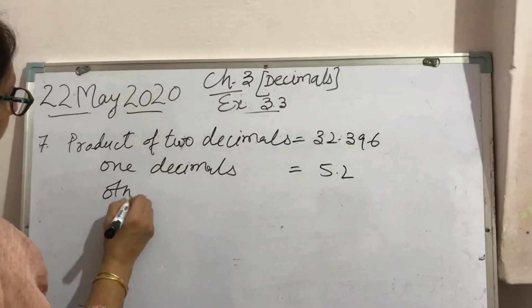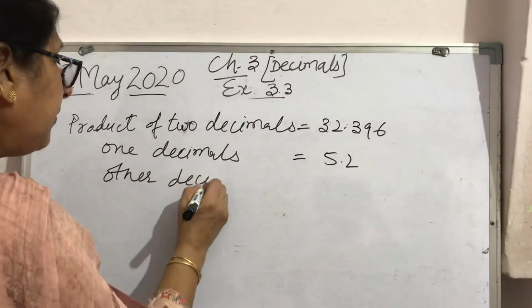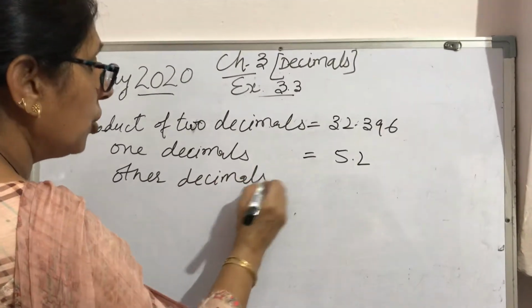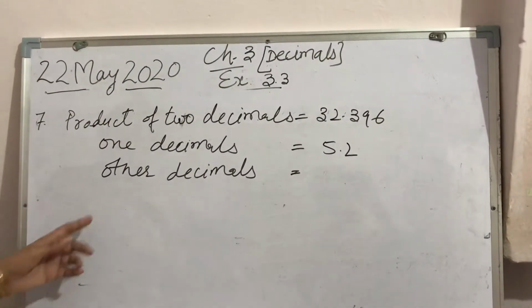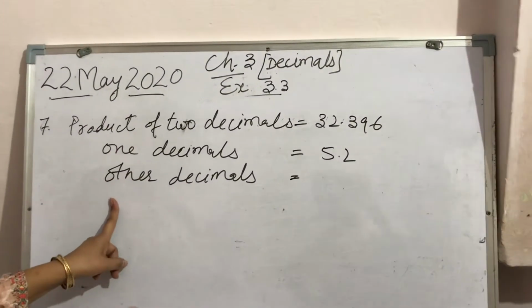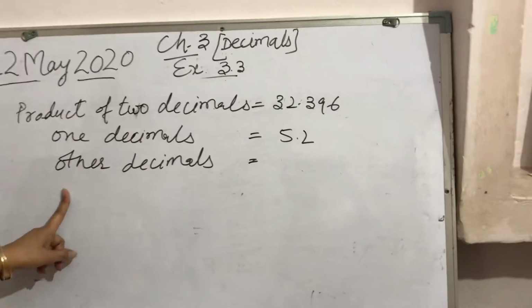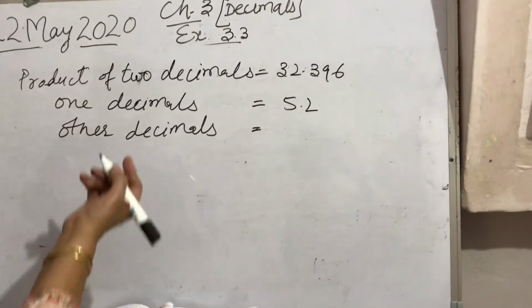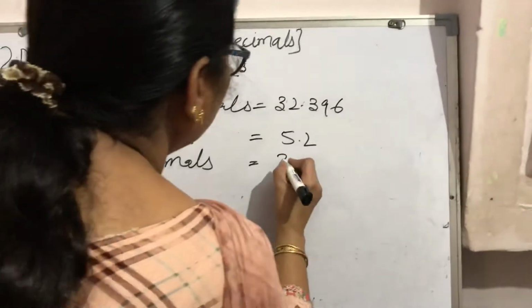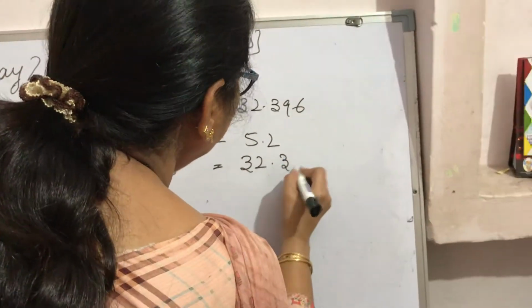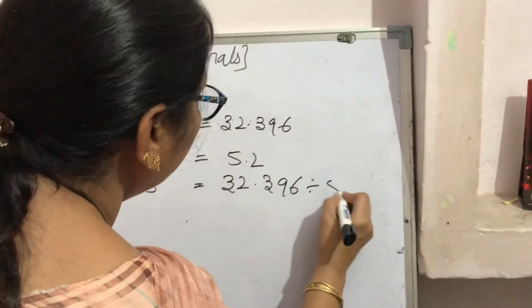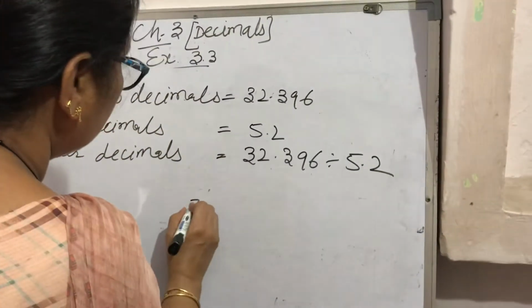For finding the other decimal, we can directly divide. It's your wish. You can find this value by x, letting the other number be x, or directly, if the product is given and one number is given, we can divide it directly.